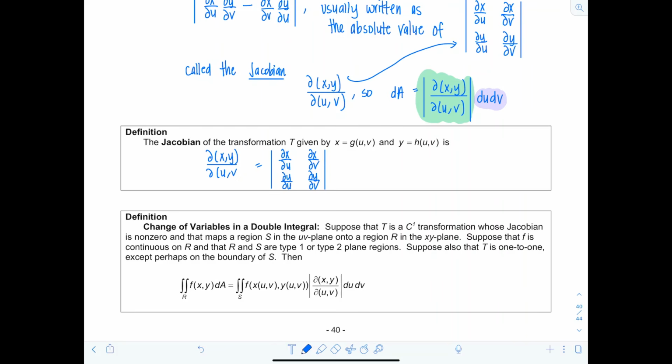This is the Jacobian. However, when you find dA, you have to remember to take the absolute value. So you use the absolute value of the Jacobian when you're integrating and finding dA.